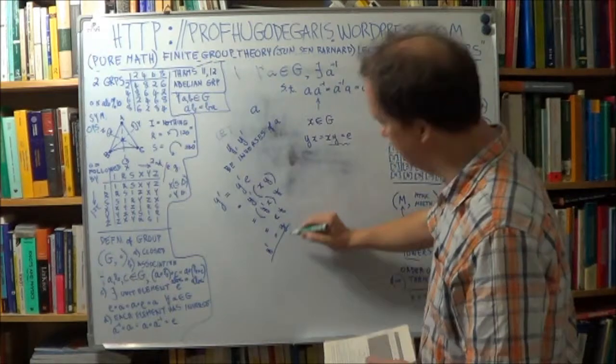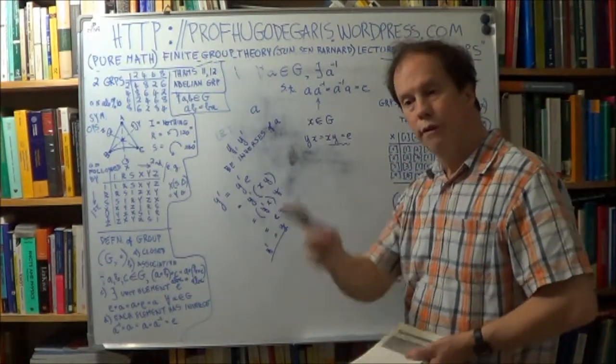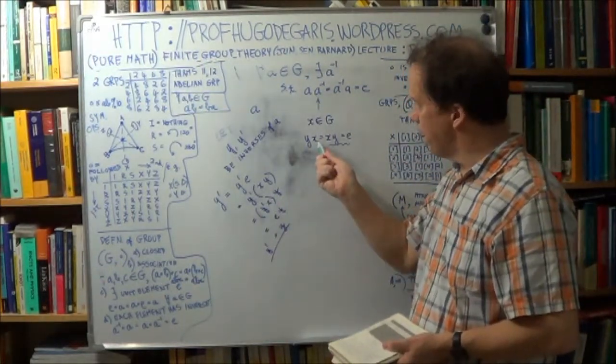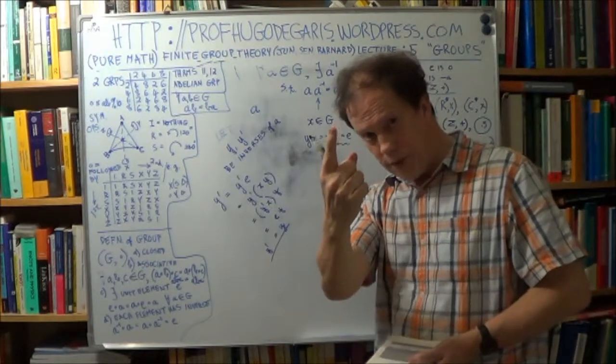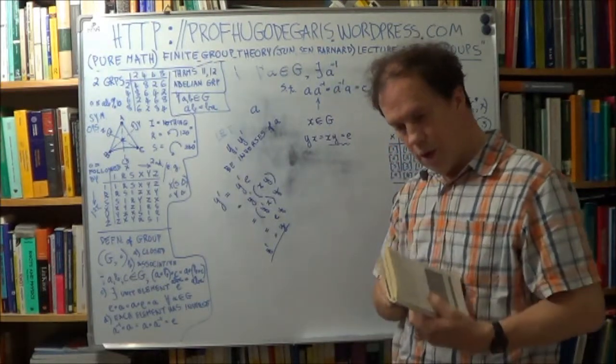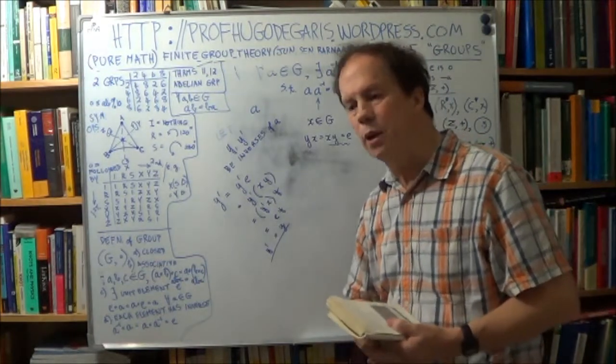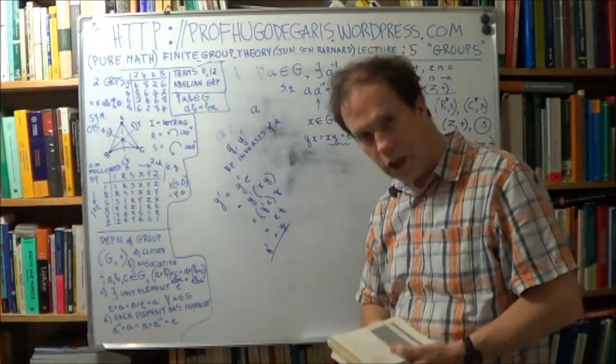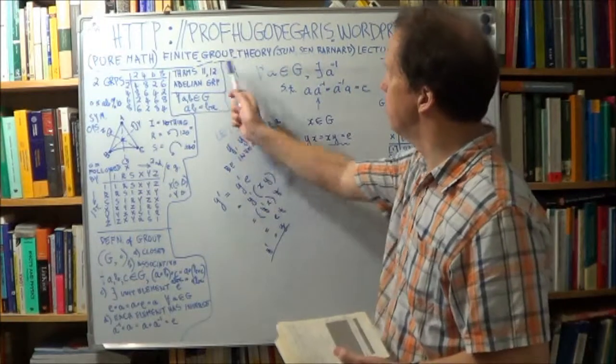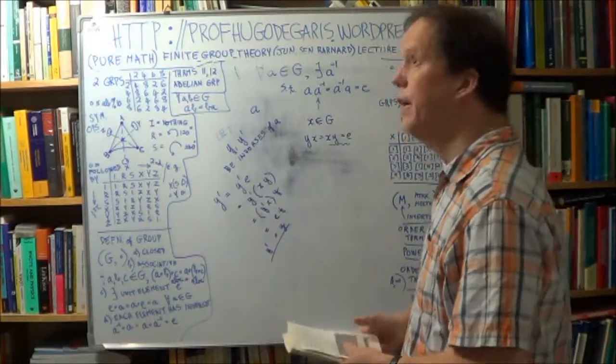So we've shown that Y dashed is Y. In other words, for each element X, there is only one inverse. So the inverse of an element of the group is unique. Okay, so that's theorem 12.